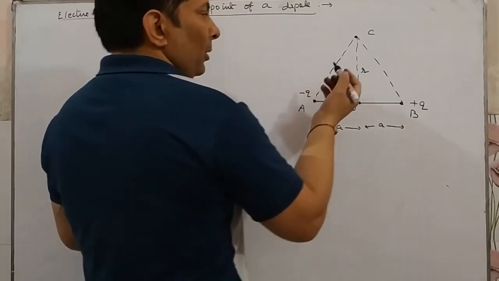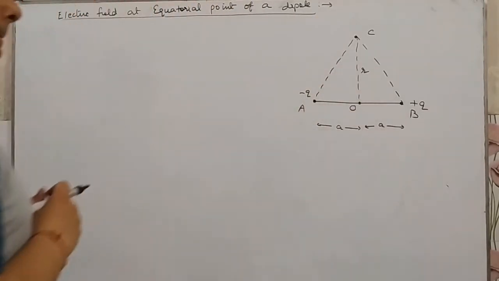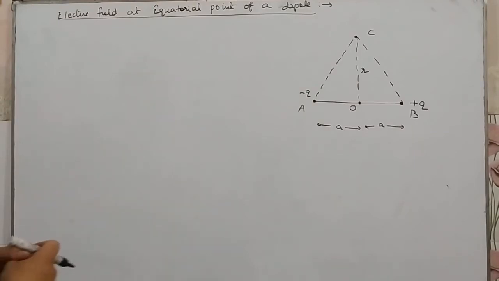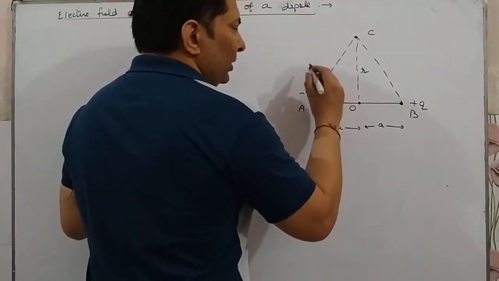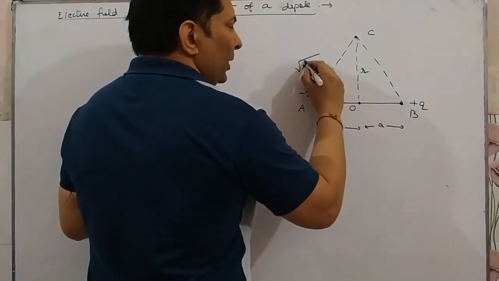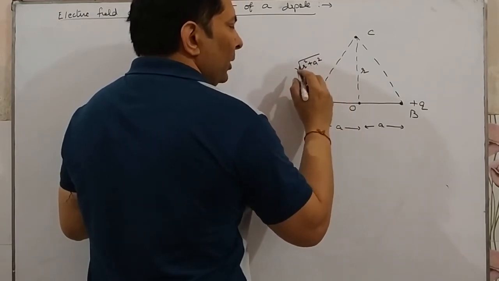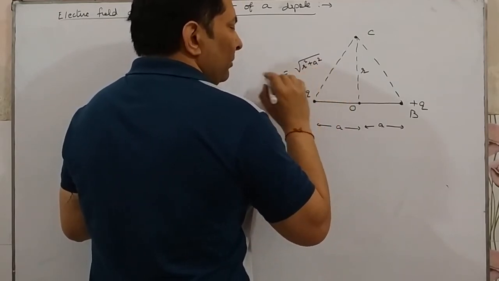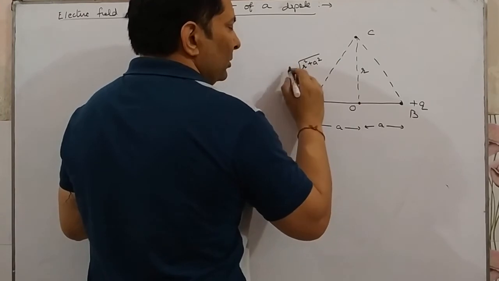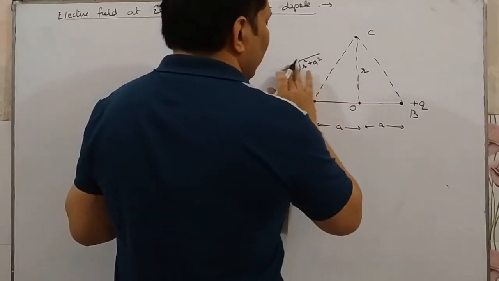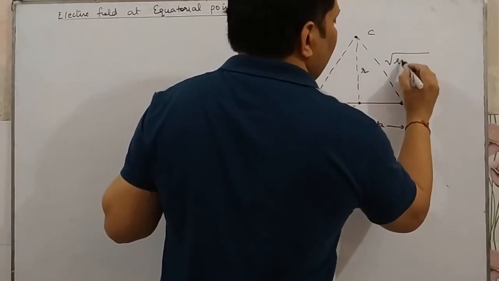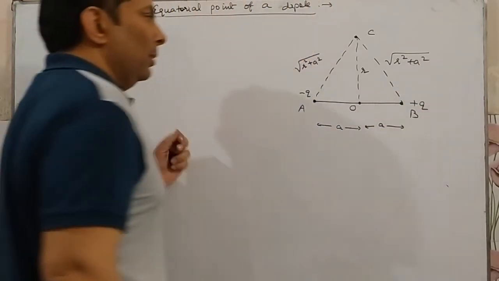Starting in the same way, we need to make a little more arrangement, since this distance is required. So we write this as r square plus a square. Let this distance be named x, where x square equals r square plus a square.